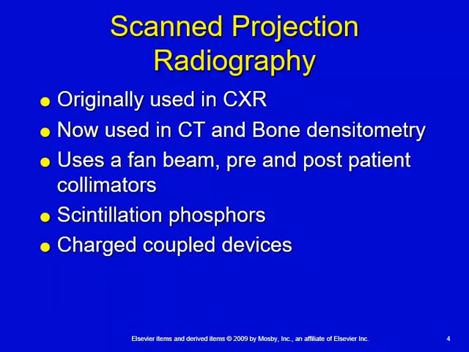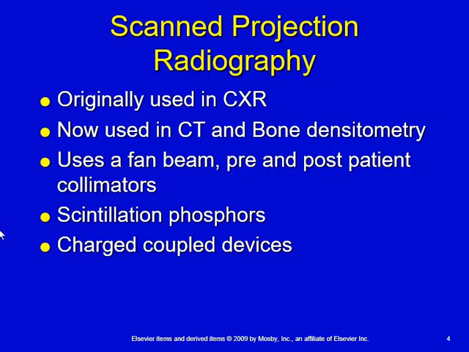Now we still use it in CT and in bone densitometry. In CT, it's a totally different technology with slip ring technology, where the x-ray tube and the detectors rotate around the patient, and CT uses a much smaller x-ray beam now.